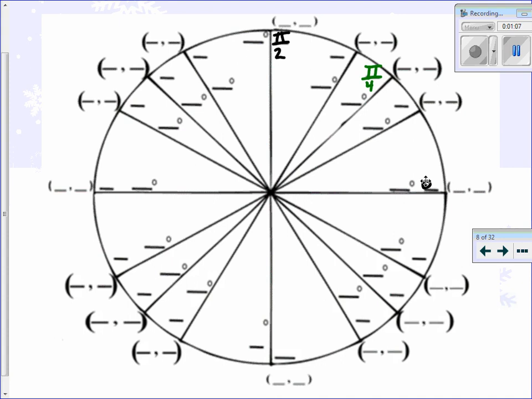Then halfway between that, we get 3 pi over 4. And then we come down to halfway again, and we get 4 pi over 4, or pi. And then halfway again, 5 pi over 4.